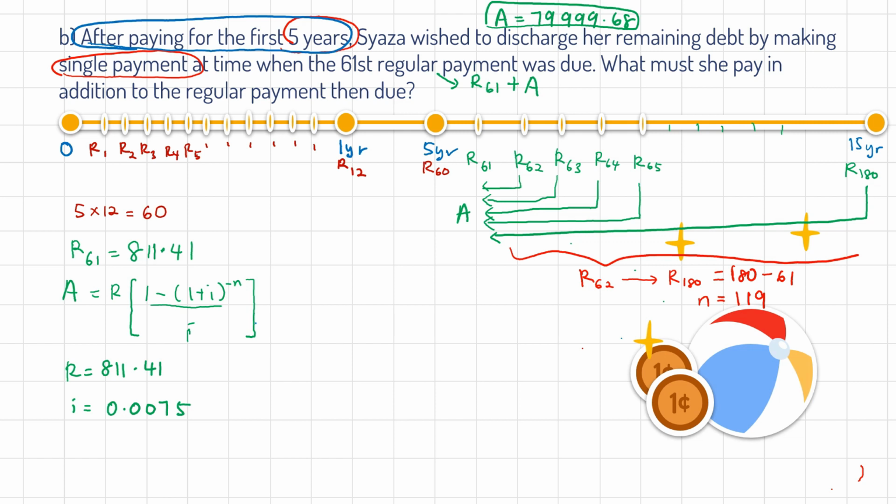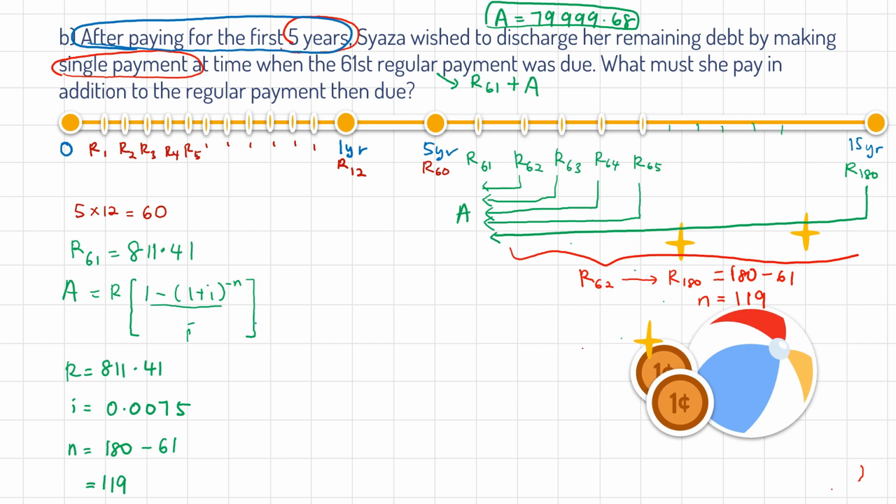And then our n, which portrays the rest of R after R61st until R180, is 180 minus 61. It will become 119. So this will be our value of n.